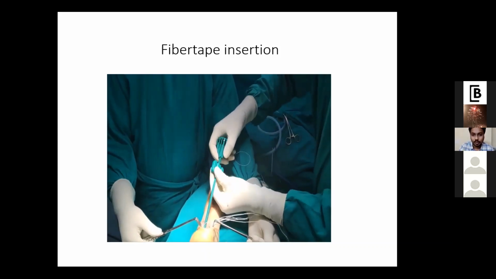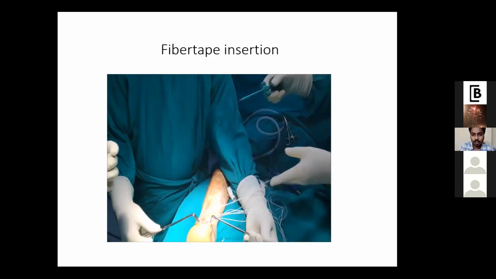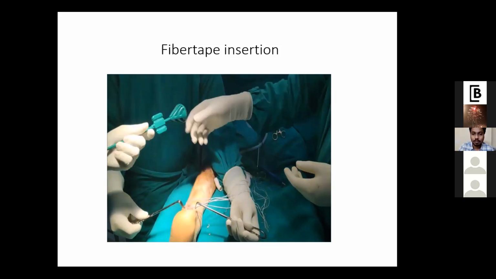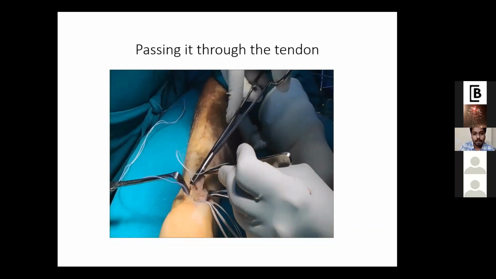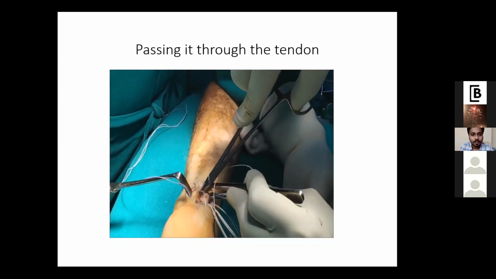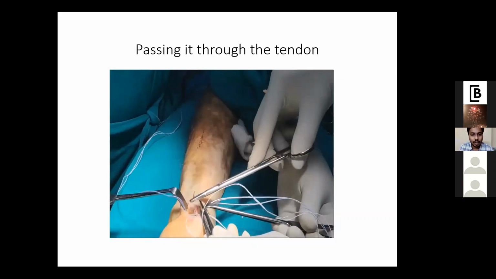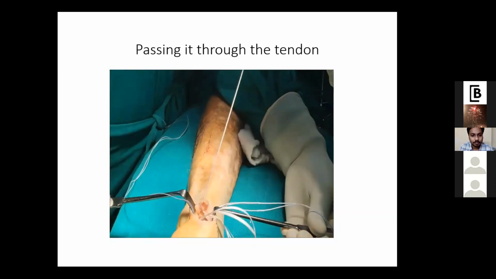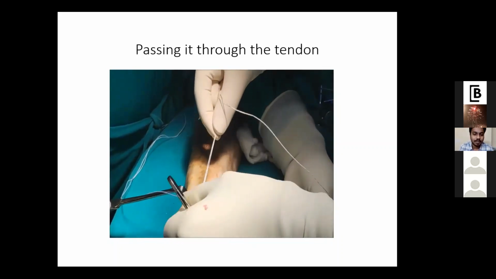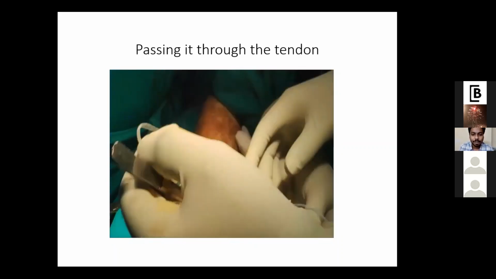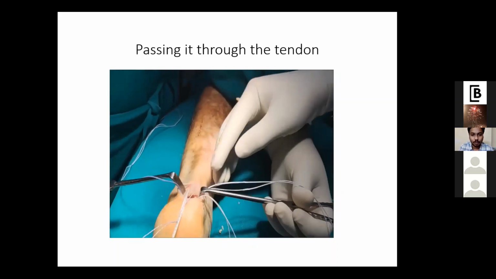The fiber wires are two in use. One is the blue-white, another is the black-white fiber tape. It is then passed into the Achilles tendon proximally. One side is passed. The same is done for the other side also.